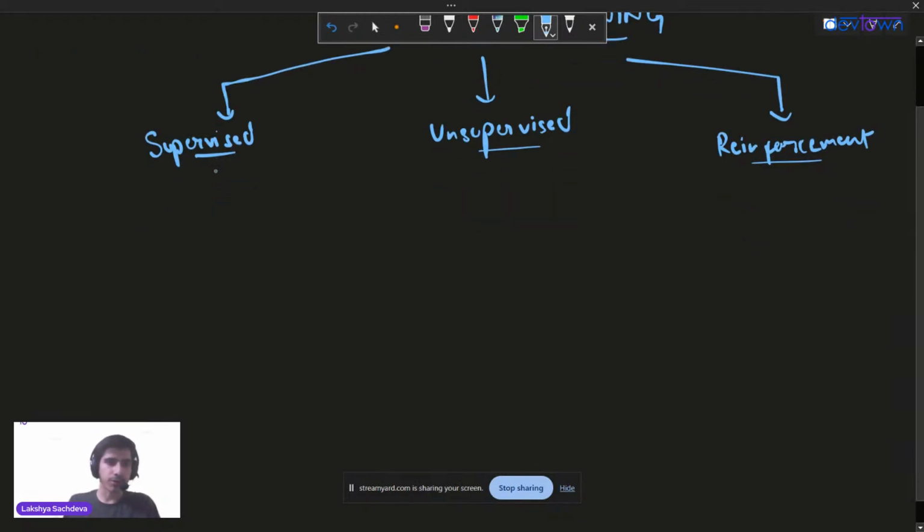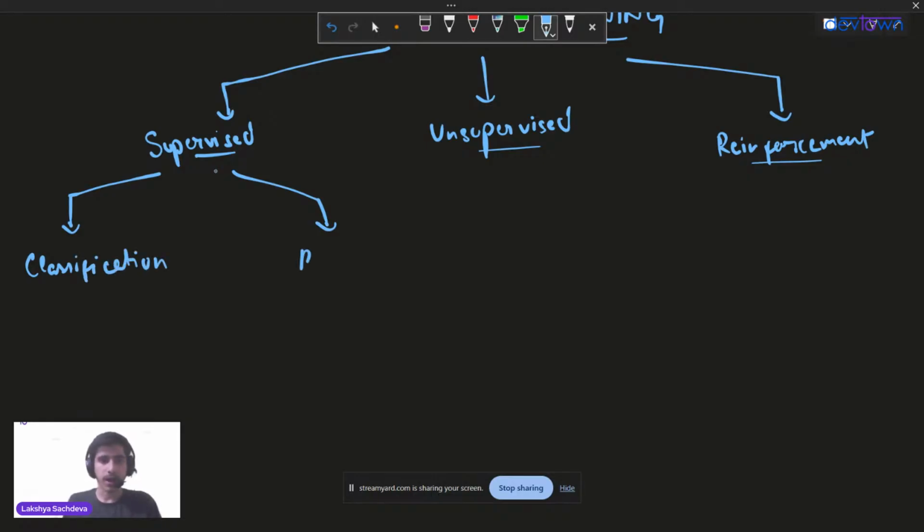Under supervised, we have two types, that is classification and regression. Sir, what is classification? Classification is when we are going to predict a class.